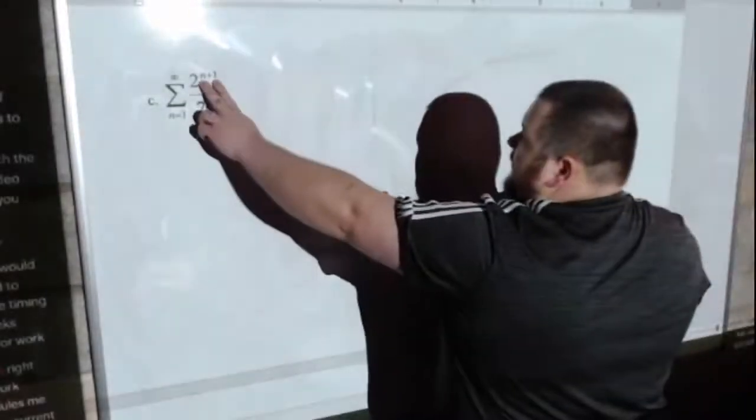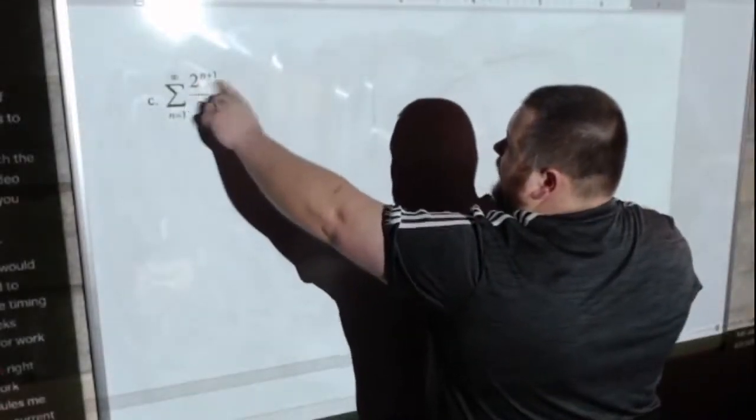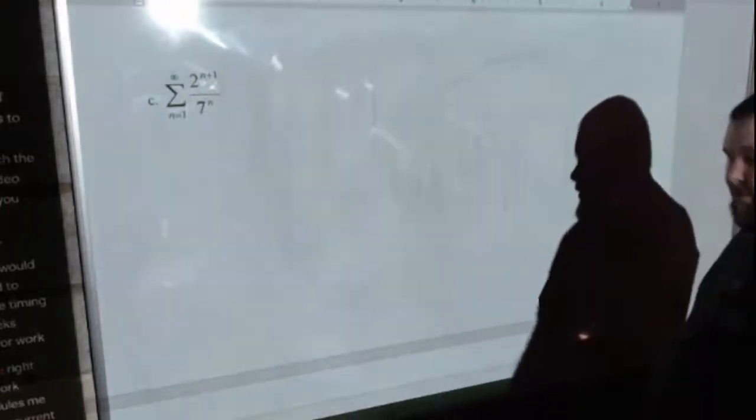And we're going to need to use that trick quite often for these types of problems, where we're going to take something to a power and break it into its individual parts.